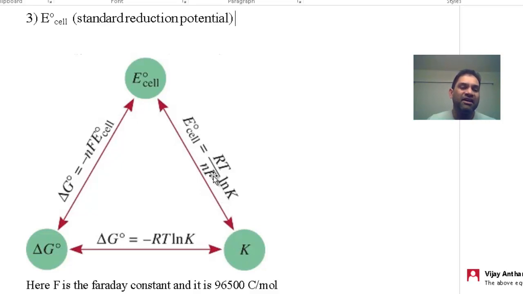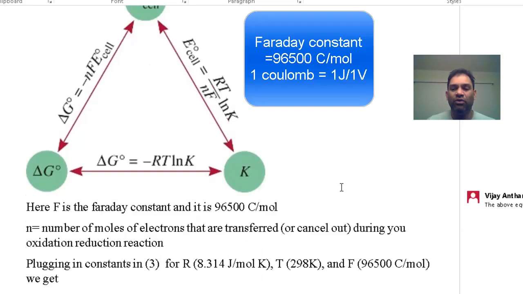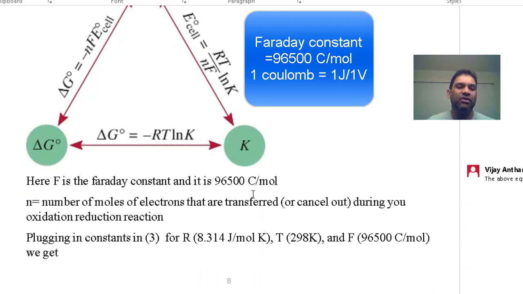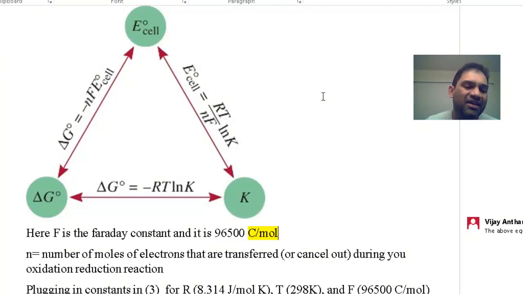This F here is the Faraday constant, and that's 96,500 joules over volts, also coulombs over moles. That is a constant called the Faraday constant, and you'll have that on your examination. And n is the number of electrons that are transferred.